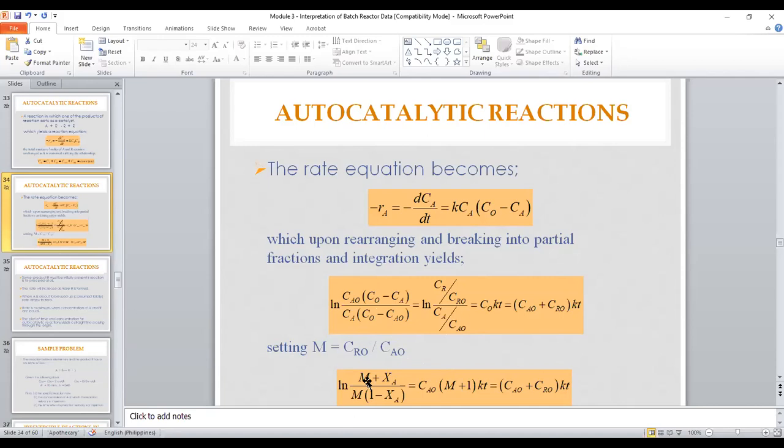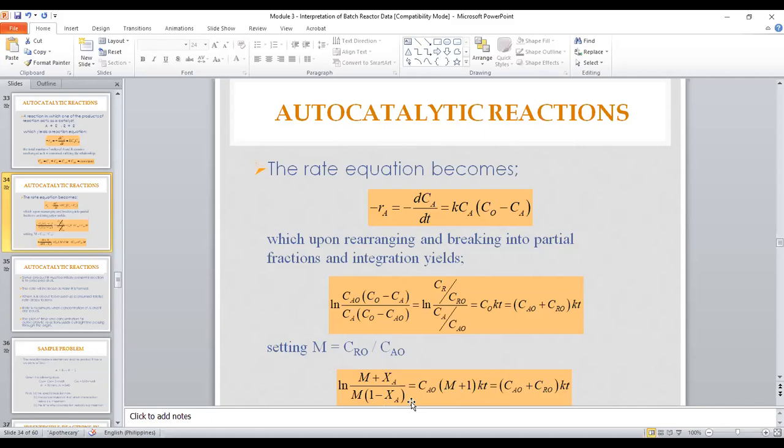So you have now the M and the conversion in this side equated to this. So C sub A0 and M again. If you notice in this side, you have this as a constant. The M is a constant in itself. The rate constant is also a constant. So the only variable here is t. The only variable here is X sub A.